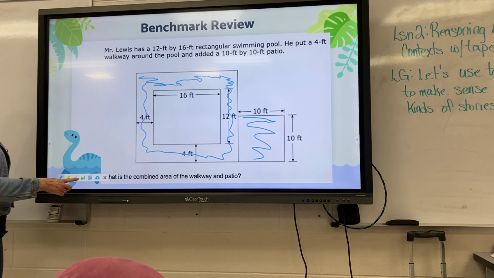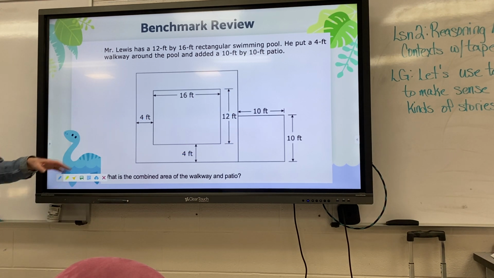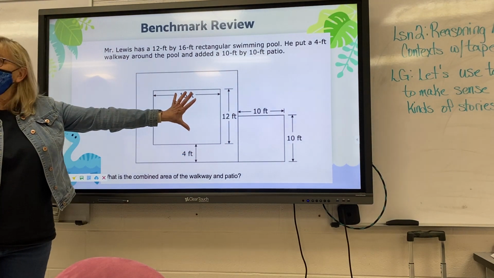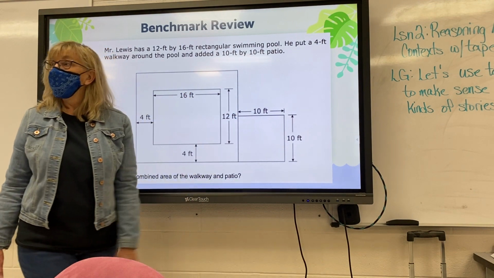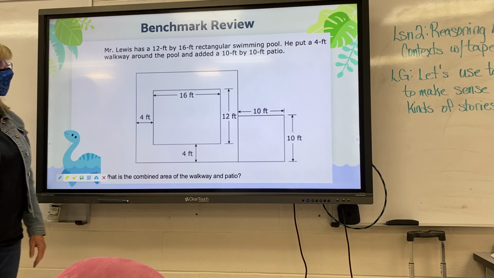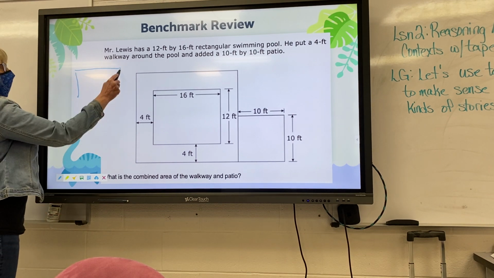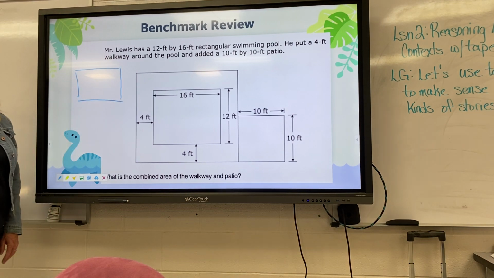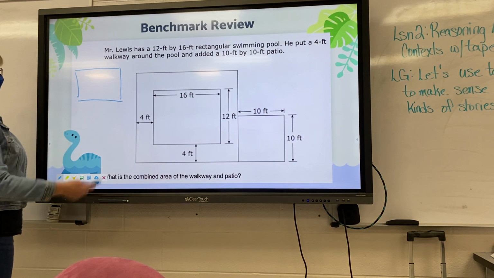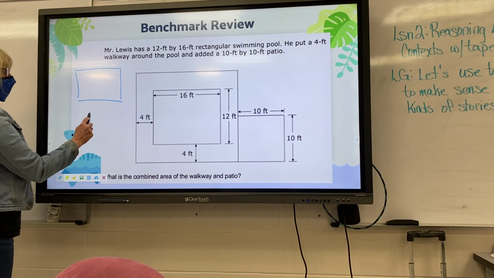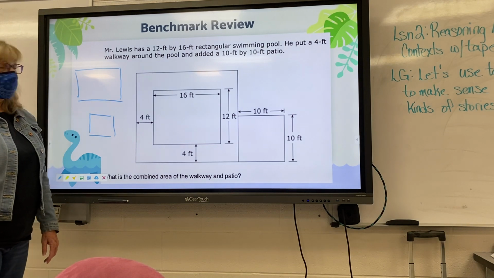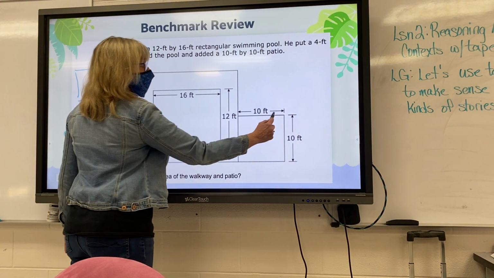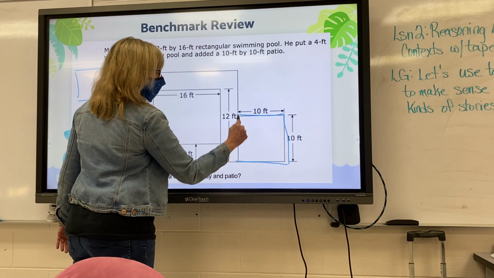Do you see two rectangles, one inside the other, and then a square? Everybody see that? Okay, so the outer edge of the walkway makes a rectangle. The pool is a rectangle, and then we have this square over here.